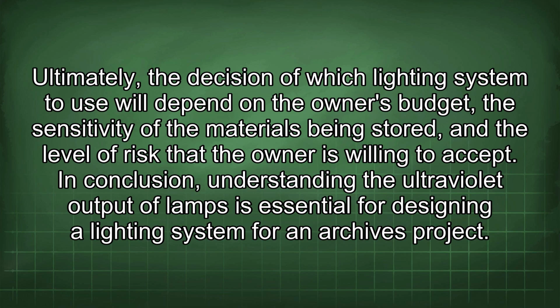Ultimately, the decision of which lighting system to use will depend on the owner's budget, the sensitivity of the materials being stored, and the level of risk that the owner is willing to accept. In conclusion, understanding the ultraviolet output of lamps is essential for designing a lighting system for an archives project.